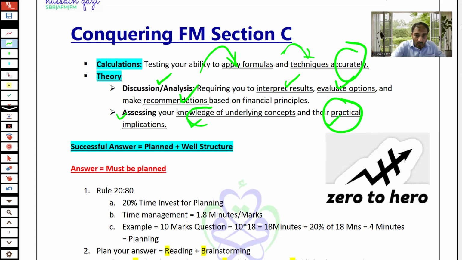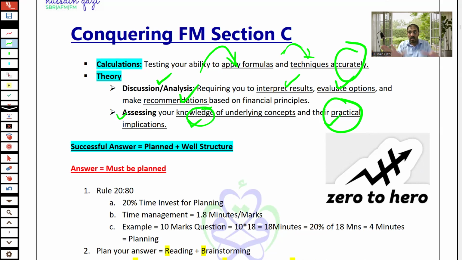So there are two ways the examiner examines the theory. One is the interpretation of the calculation that's available or that you have done. Interpret, evaluate, and recommend. Another is testing of the knowledge and practical applications.